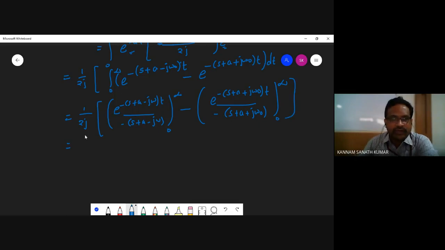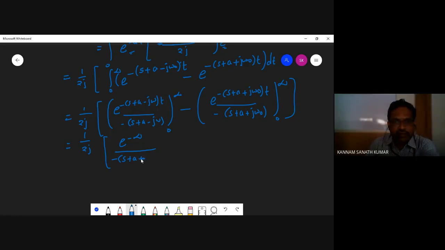If you apply the limits, 1 by 2j, e power minus infinity. You are applying t with minus infinity, so something into infinity is infinity, so you are getting minus infinity minus s plus a plus s plus a minus j omega minus e power 0. Something into 0 is 0.